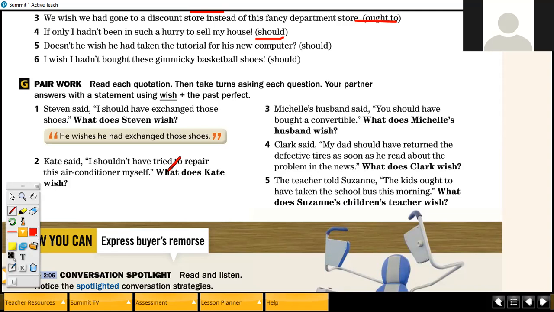¿Qué es lo que desea ella? Los niños de Susana. Aquí yo pienso que Susana es la mamá. Fíjate cómo dice aquí: the kids ought to have taken the school bus this morning. Ella no se está refiriendo a los niños de Susana, sino a los niños en general.